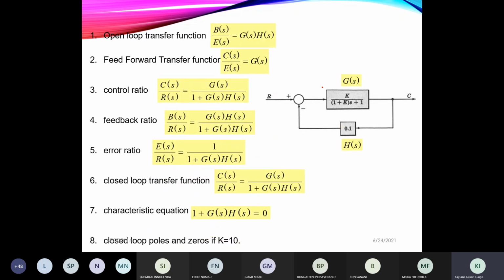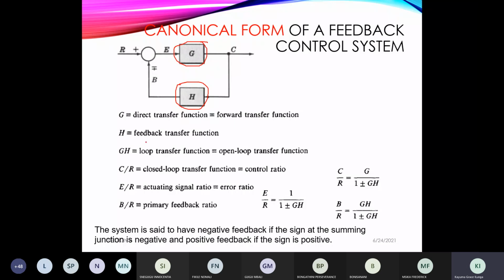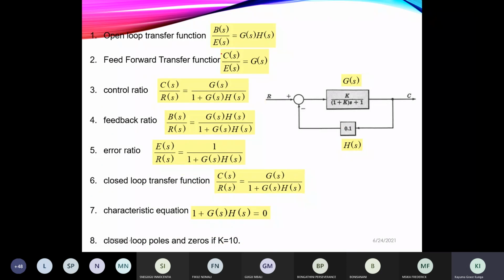Okay. So now they have given you the answers and say the open loop transfer function is given by B over S G of S. If we go back to this page, they say the open loop is G times H. So we can go from this one, you know that G is this one and H is this one.